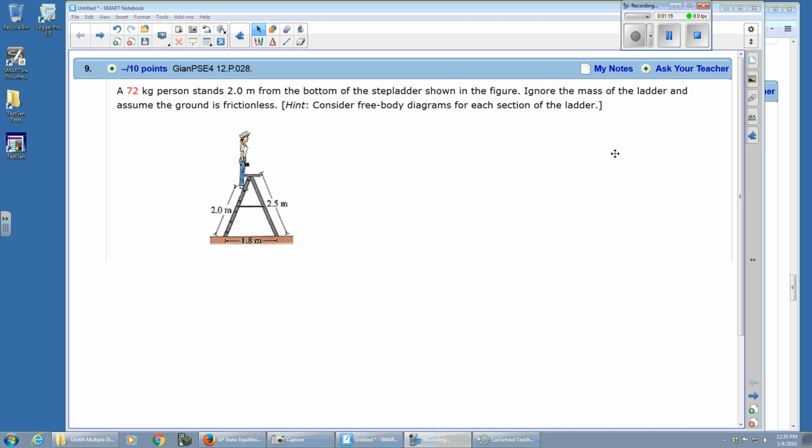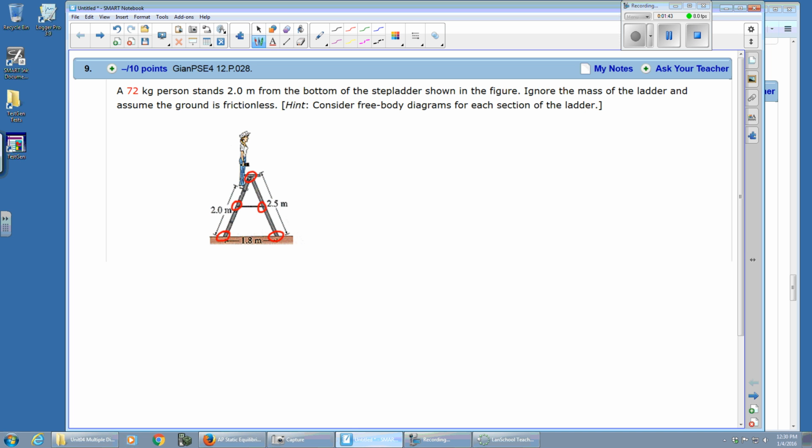So what we're going to assume is that we've got 3 points of contact on each side, here, here, here, here, and here, where we need to consider what's going on.